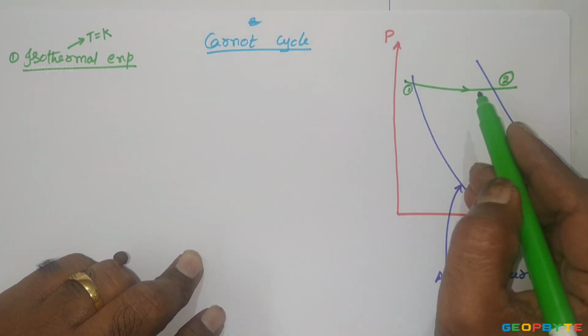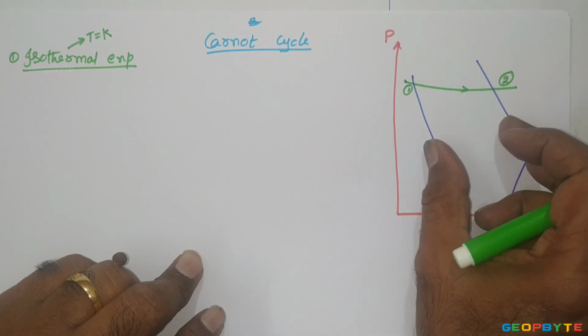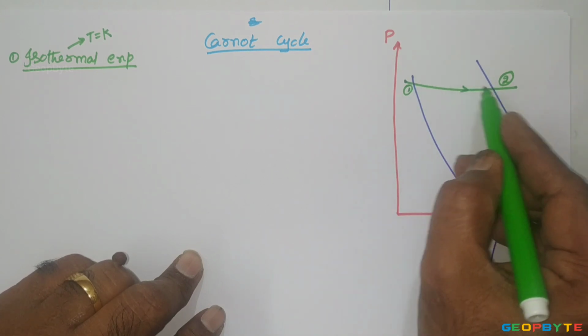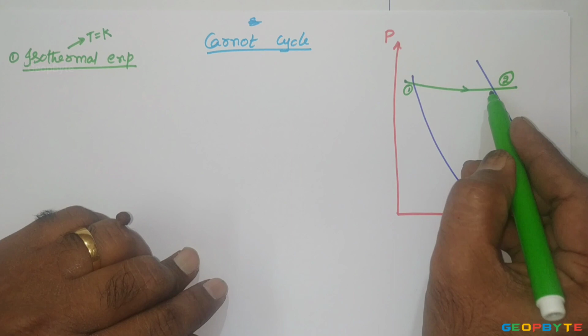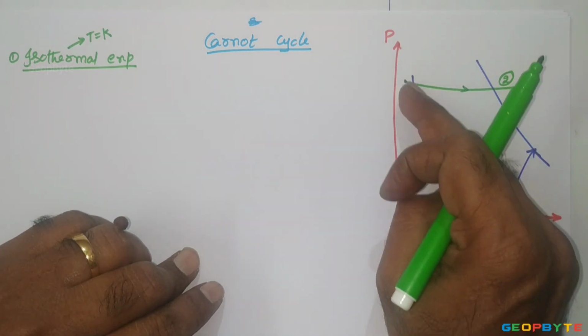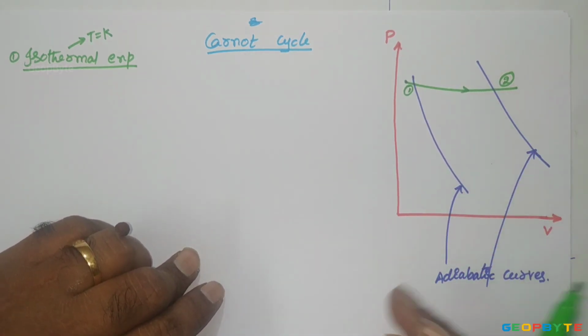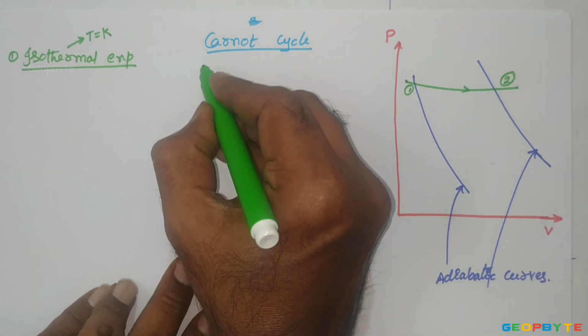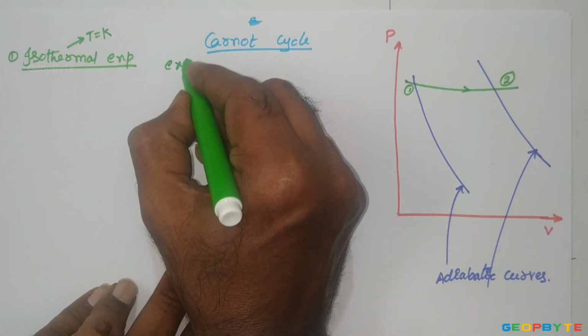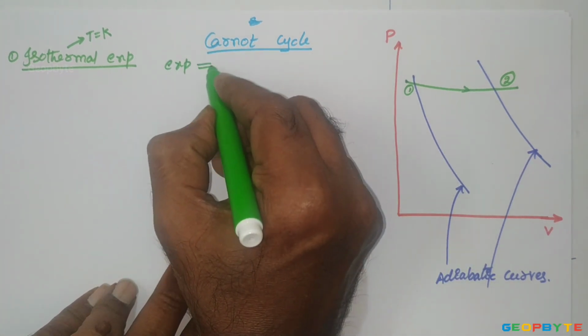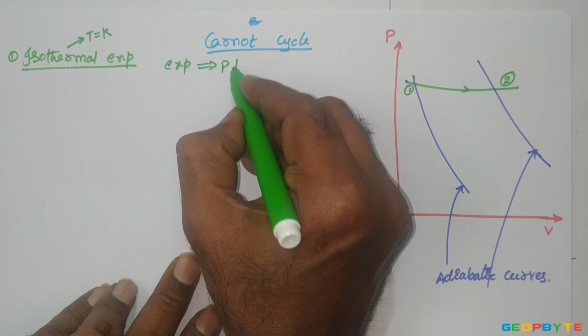During the expansion process, volume increases but pressure drops, from P1 to P2 as the volume increases from V1 to V2.